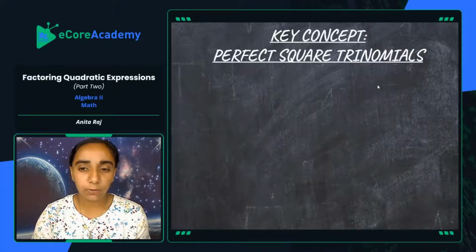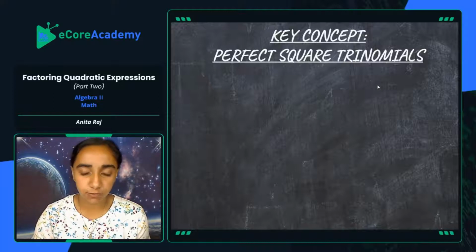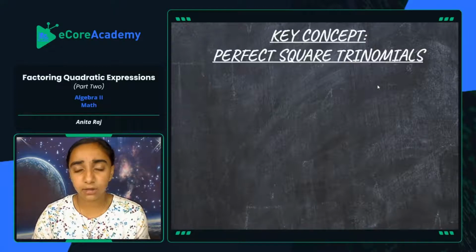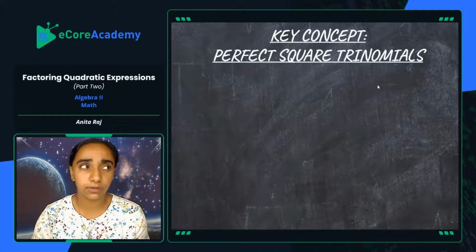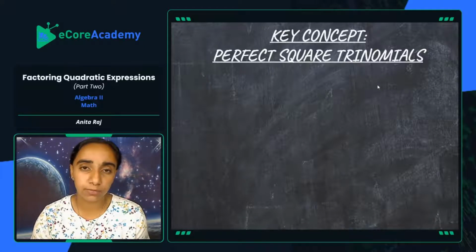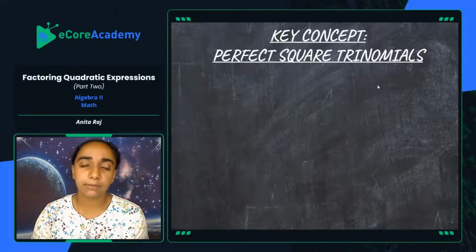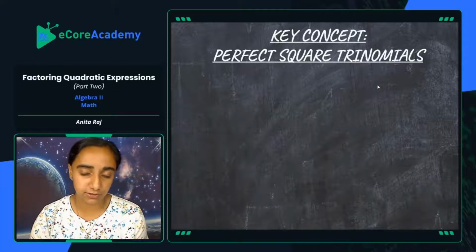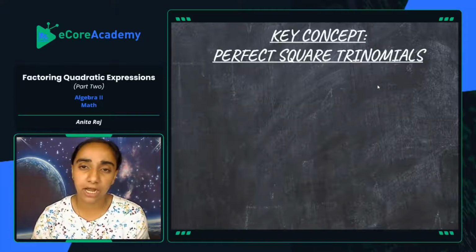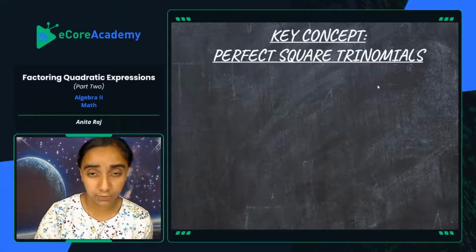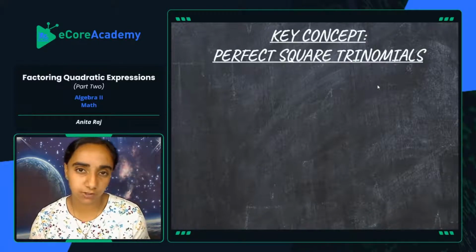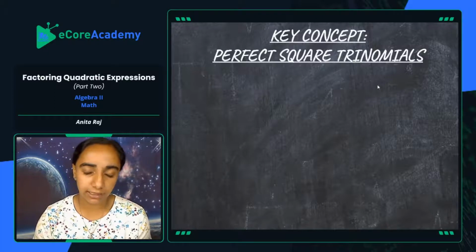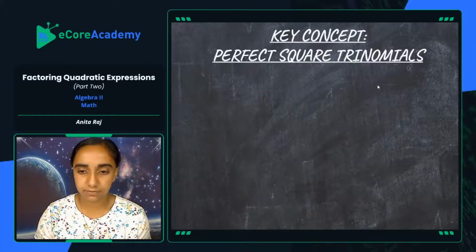Just like that, with perfect square trinomials and difference of squares, which we'll be seeing next, if you understand these concepts and understand the foundational formula that they all follow, you'll be able to break these down very quickly. You don't have to waste time on your assessments and so forth. It just demonstrates a higher level math skill if you're able to point out, hey, this is a perfect square trinomial, or hey, this is a difference of squares. So that's why you always want to be on the lookout for these concepts.